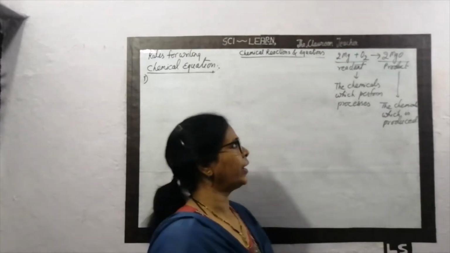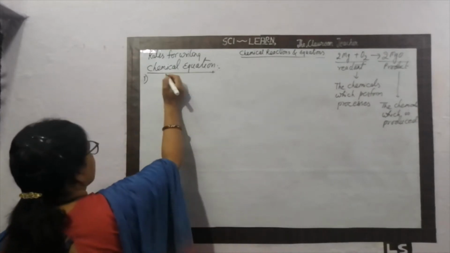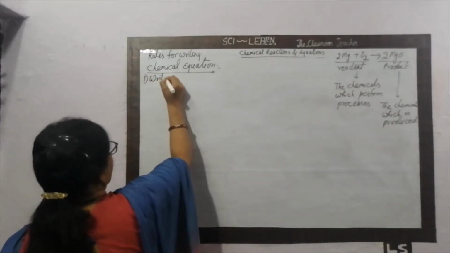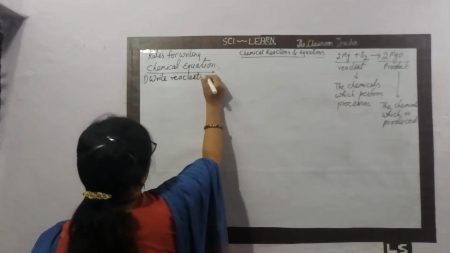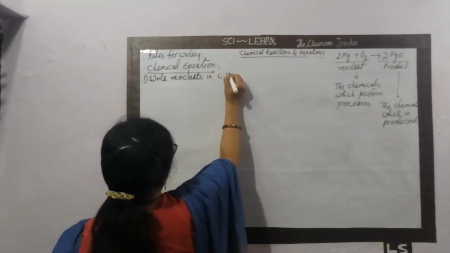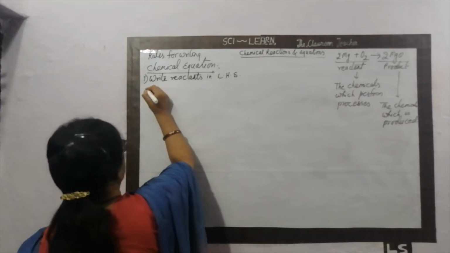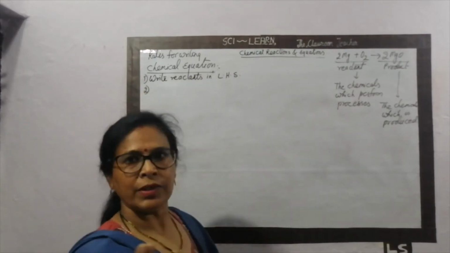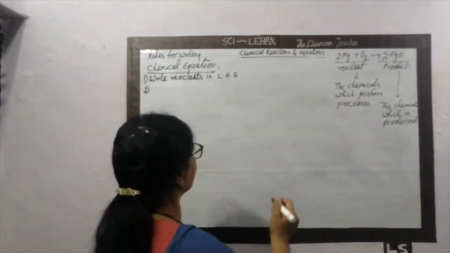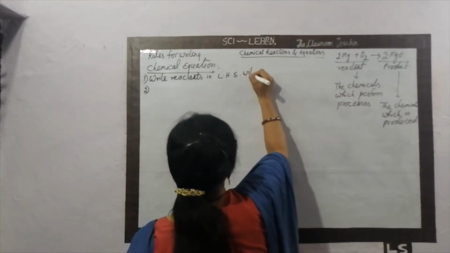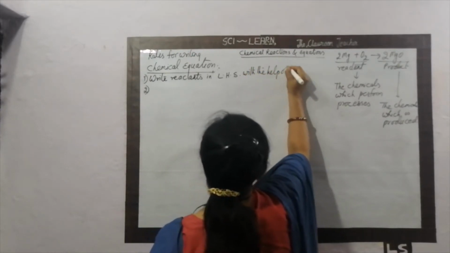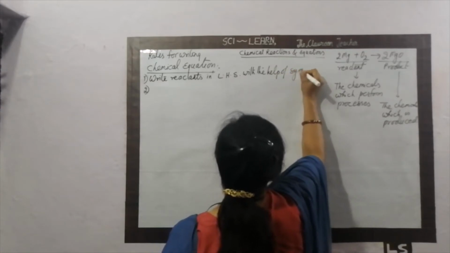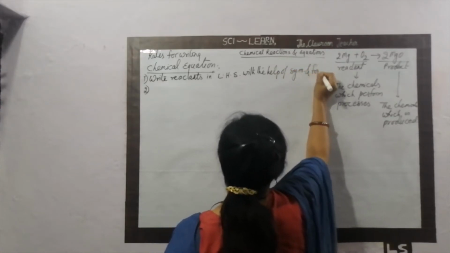We have to write all the reactants on the left hand side, again with the help of symbols and formulae only.